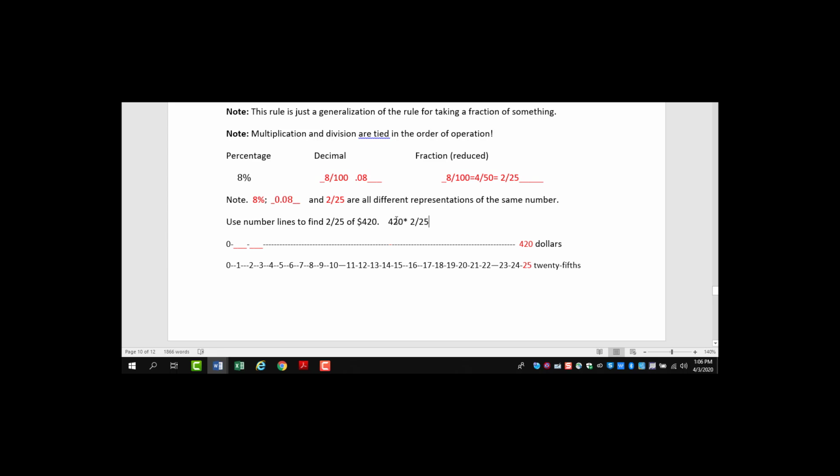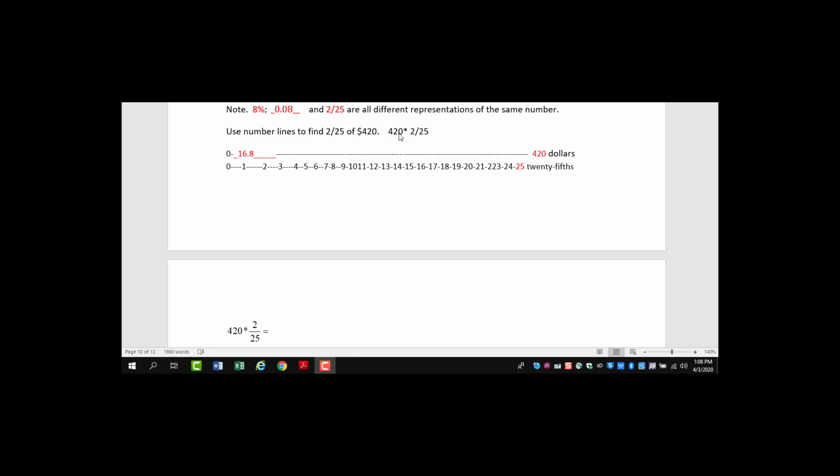So I'm going to take 420 and on my calculator divide it by 25. That would give me 1/25. So 420, that gives us $16.80, 1/25 of 420. If I know two of them, I just double it, and I'm going to get 33.6.